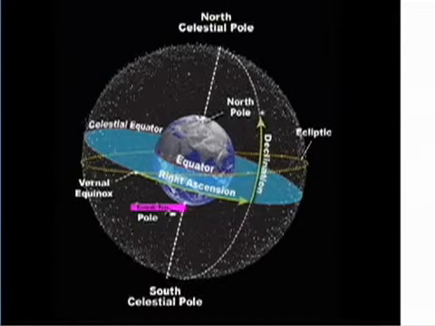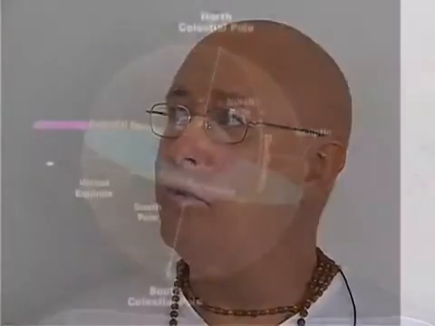Now, when we project these things out into space, we have the North Celestial Pole, the South Celestial Pole, and the celestial equator. Is everybody clear on that? I want you to be very clear on this, because it's very important to any kind of measurements.